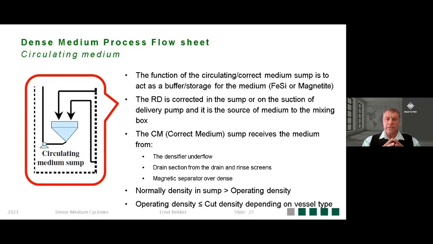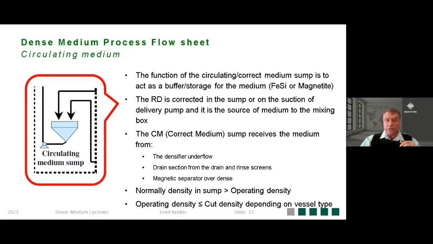The relative density in this sump can either be at the correct cut density or operating density we want to be, or it can be of a higher density. And then you add water in the suction of the pump, and that controls the density to your mixing box. The correct medium sump receives the feed from the densifier underflow.